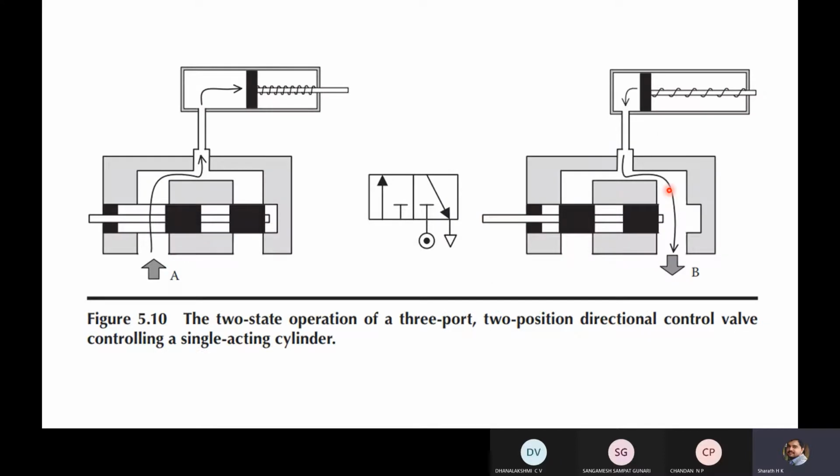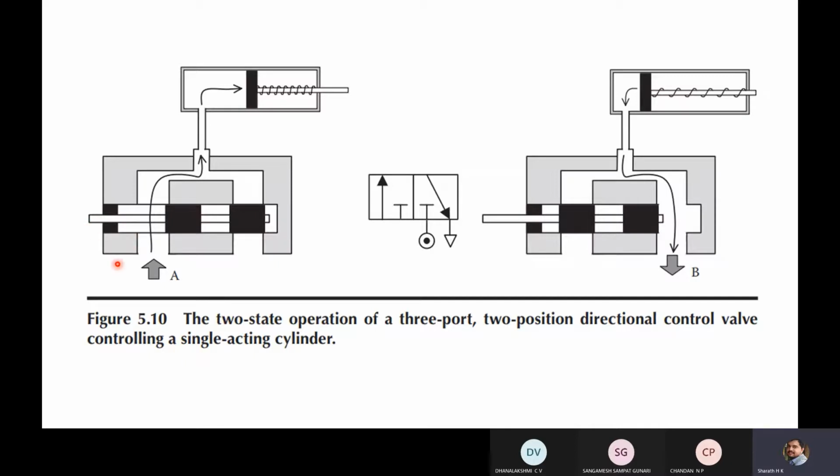Next, same illustration for a 3x2 way valve. Okay, so the two-state operation of a 3-port 2-position, 3x2 way valve, 2-position direction control valve controlling a single acting cylinder. Now initially, this is the position.